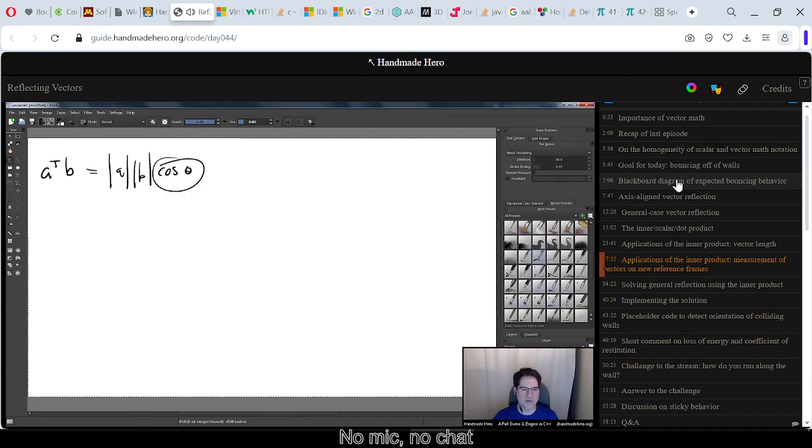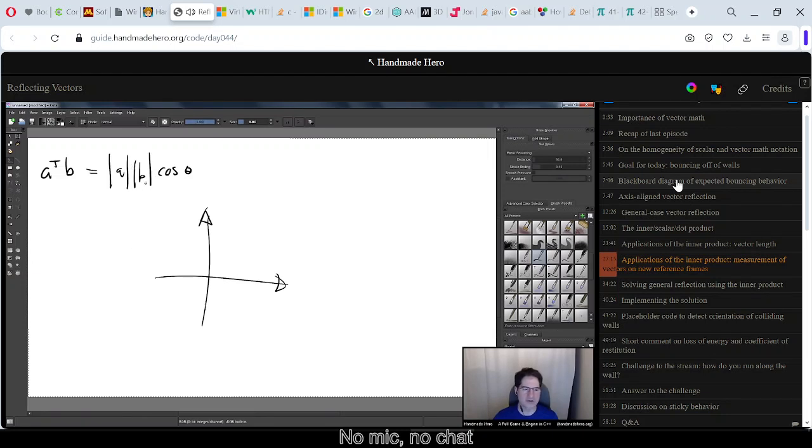Well, the cosine theta is the part that really comes in particularly handy, because when we start to think about the cosine of the angle between those two vectors, and what that actually means, what if we could take one of these guys out of the equation?